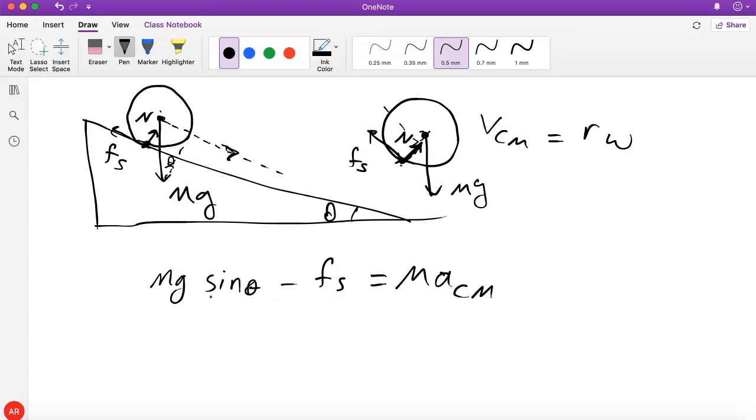The torque equation, what does it read? Well, we just said that N and mg don't have any torque around the center of mass. Fs gives us clockwise torque around the center of mass, and the torque is Fs times r, right?